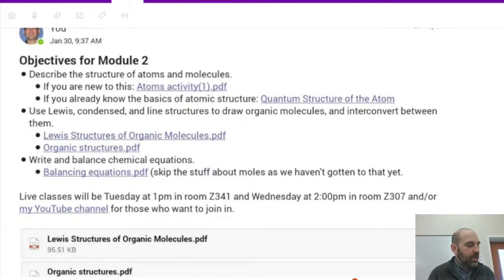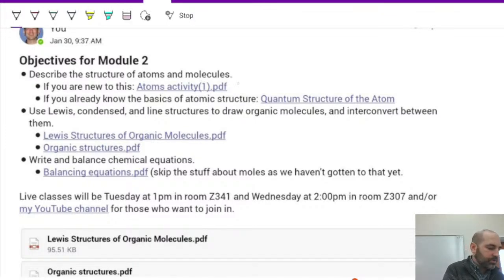There are two levels of learning about the structure of atoms and molecules. If you go through that initial atoms activity that's shown here and you realize, oh, I did this before, I already know this, certainly review it, but don't just not do anything this week. Let's learn a little more in depth about the structure of atoms.